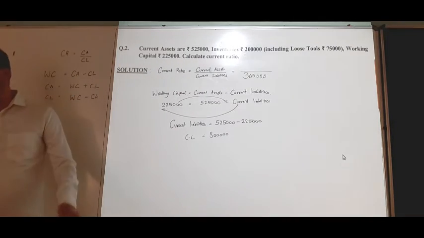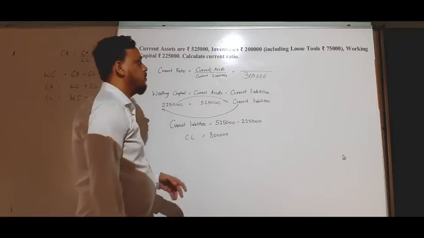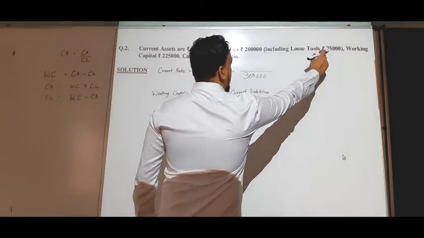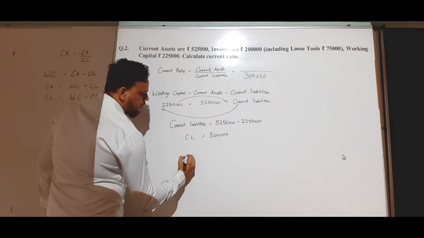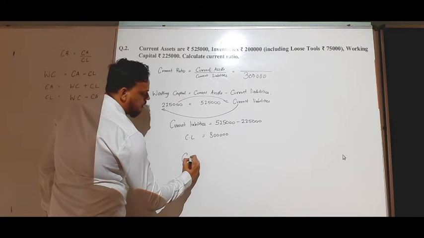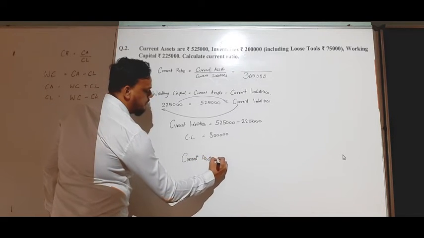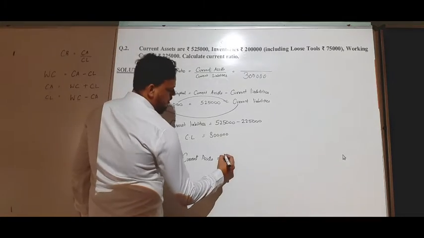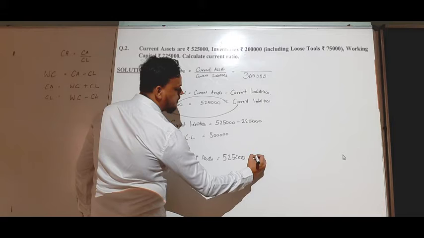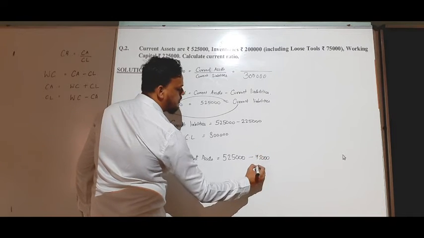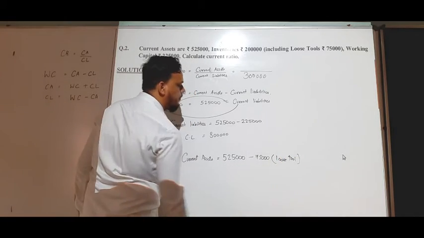So what we will do, we will find exactly current assets, because you know that in inventory we are having a loose tool. You have to reduce that 75,000 rupees. So what I will do, current assets is equal to 5,25,000 minus 75,000. 75,000 is nothing but loose tool.